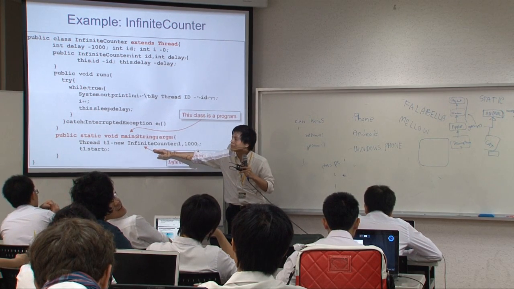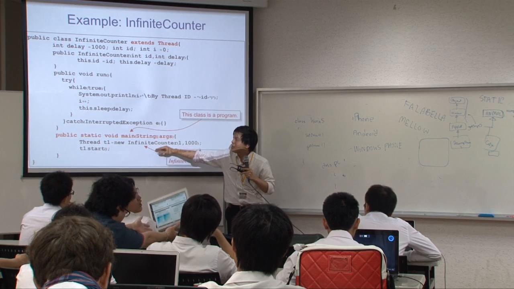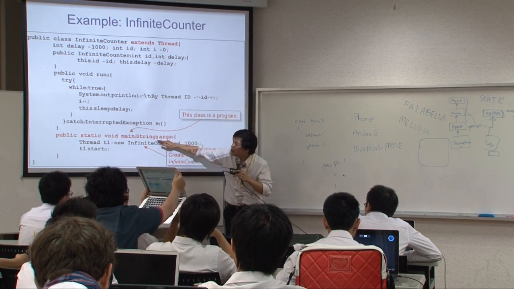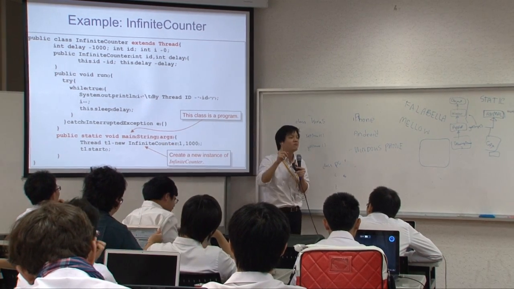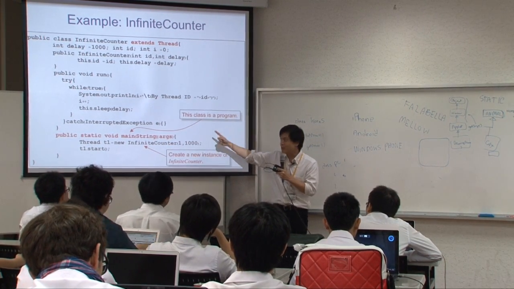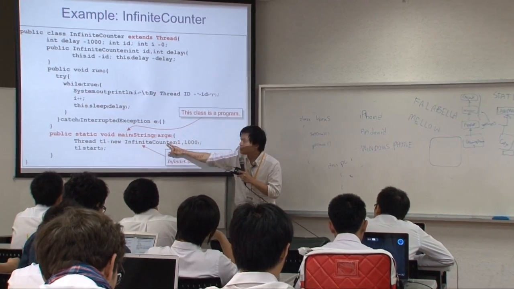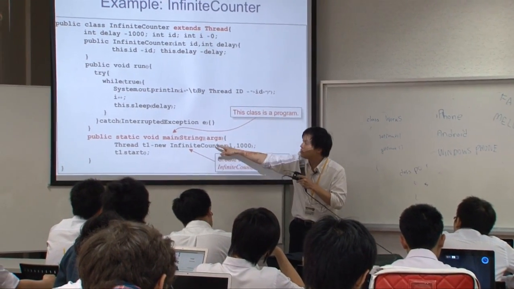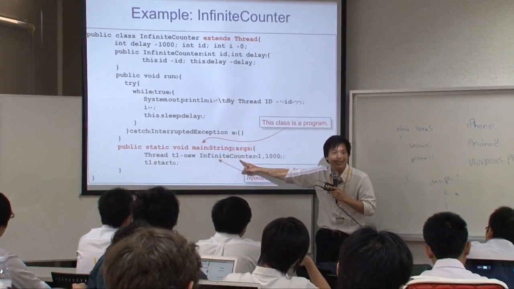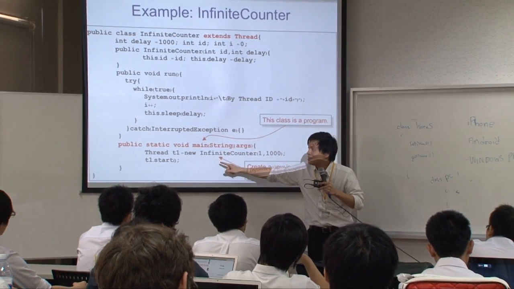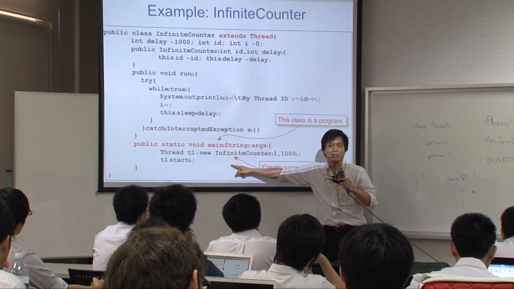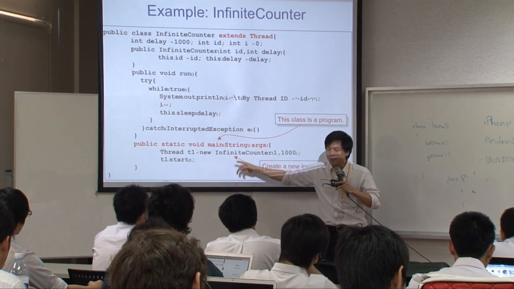After we execute this line, all right, before we execute t1.start, there is one single program flow that corresponds to method main, right? That flow is the one responsible for creating this thread. It is the one responsible for starting t1.